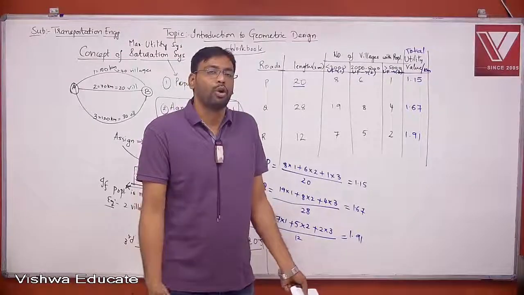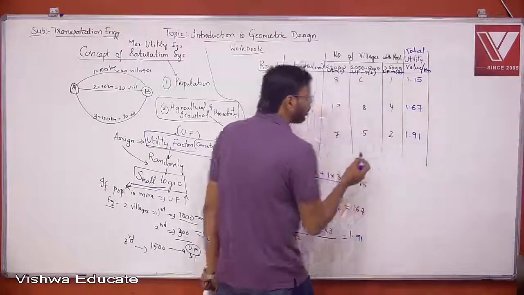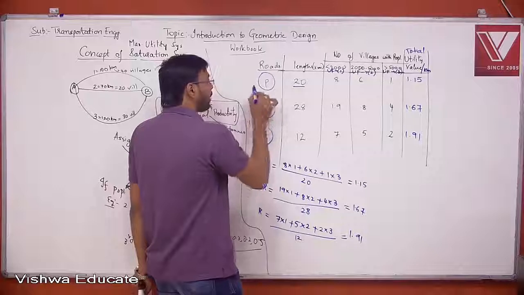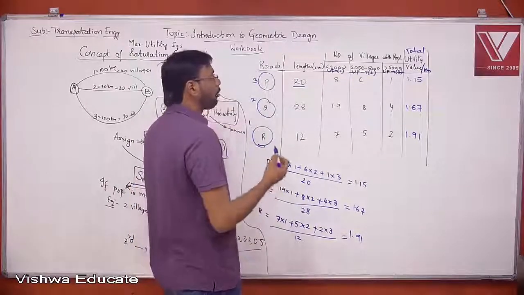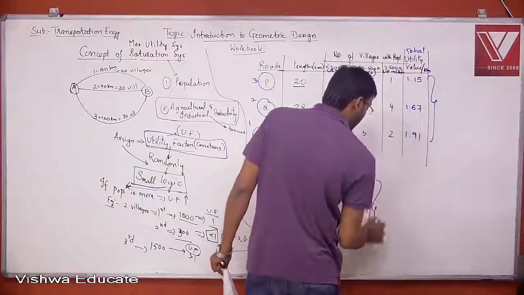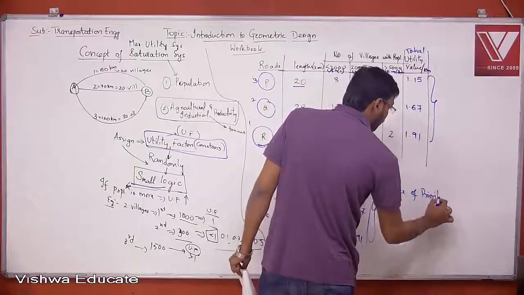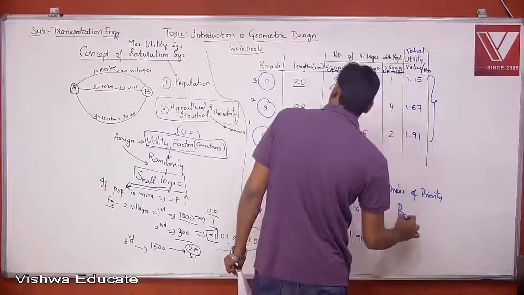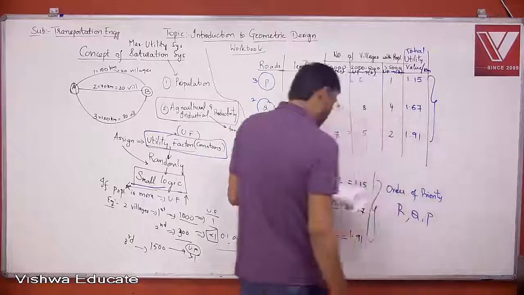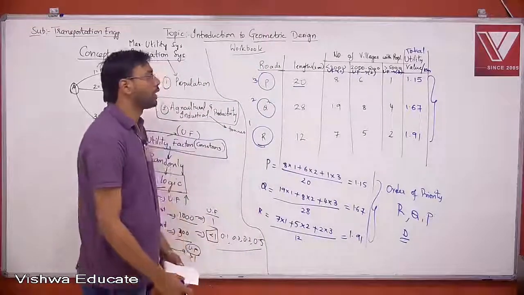Obviously I should go for the route with the highest utility value, and here the highest utility value is for route R, next is Q and next is P. So the order of priority is R, Q and P, which is given in option D. This is how we solve to find the order of priority.